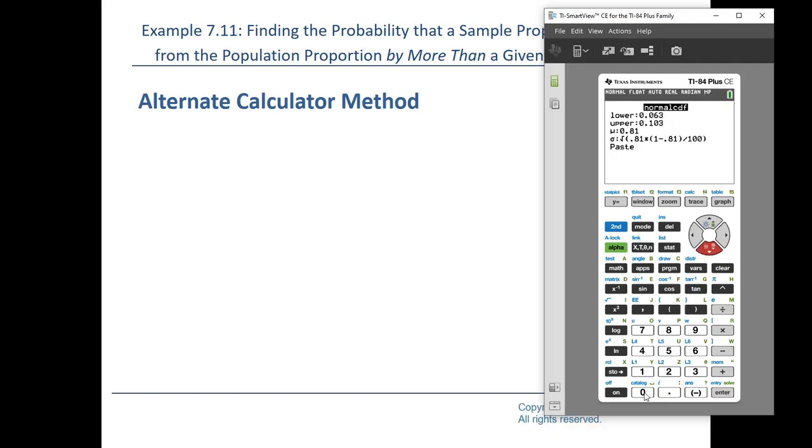Okay, and then for your mean on this, again, remember it's the mean of the population proportion, which is going to be 0.083.